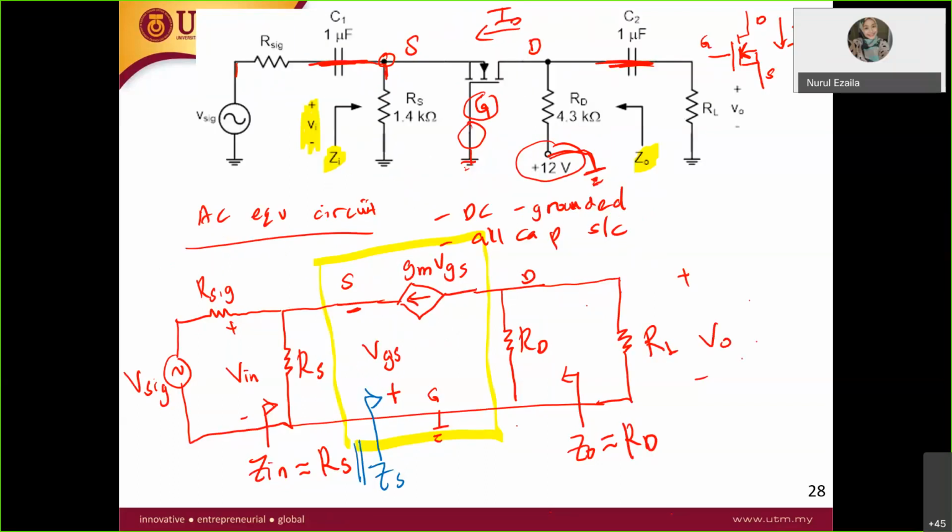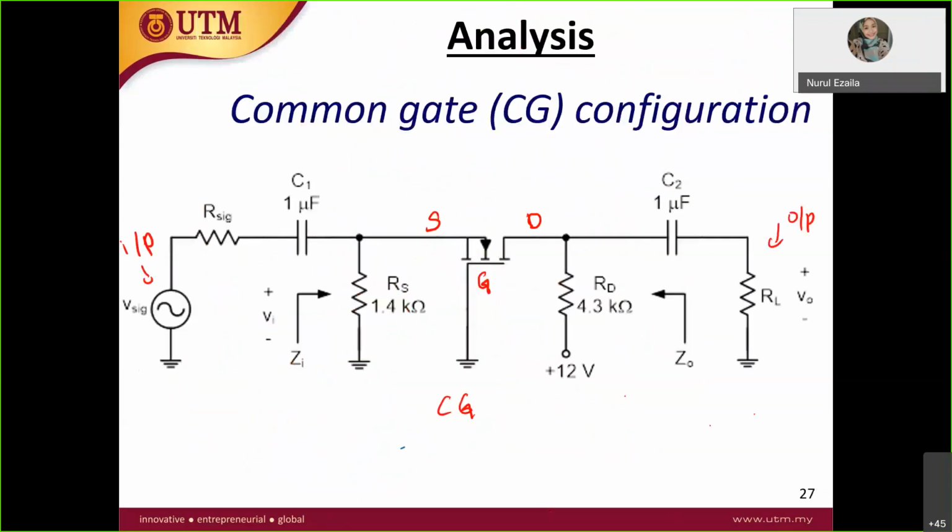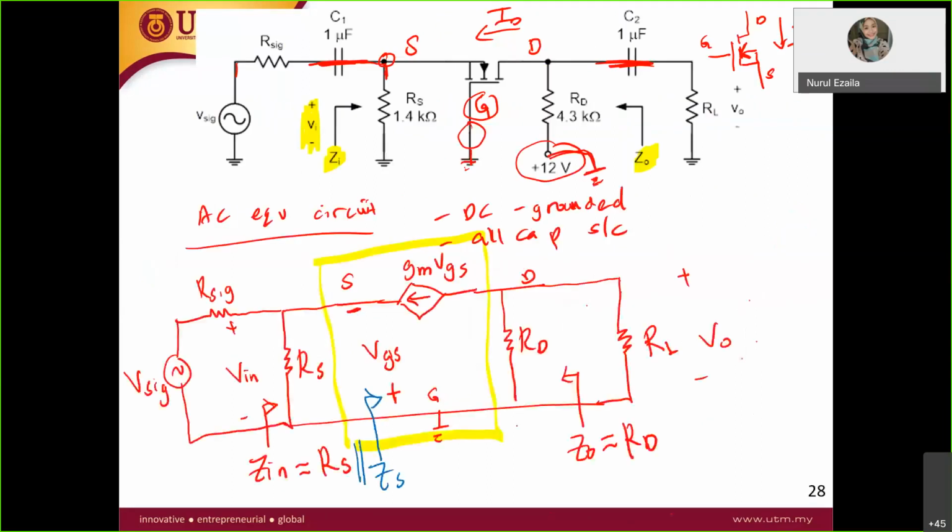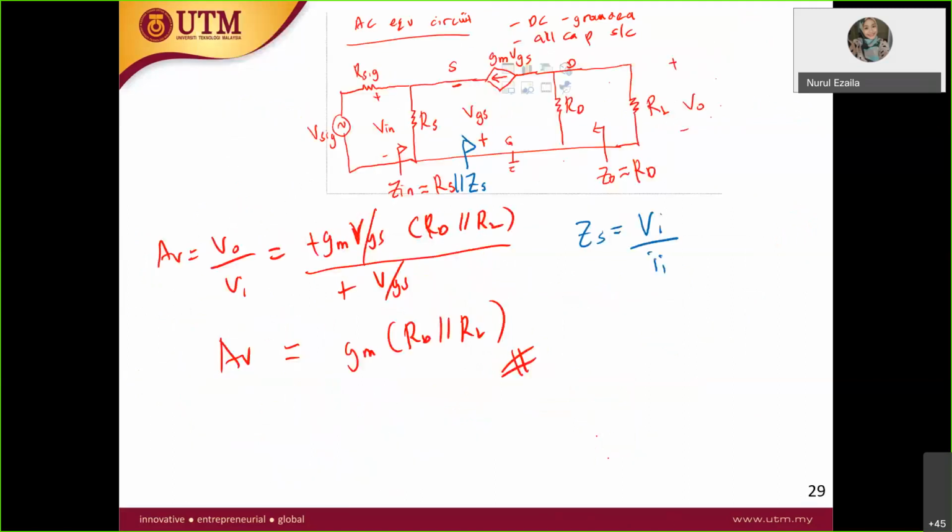In this case, we need to know the I in. So let's just assume the I in over here is in this direction. Usually they will give the direction of I in. So this is the direction of I in, and the V in is here over there.